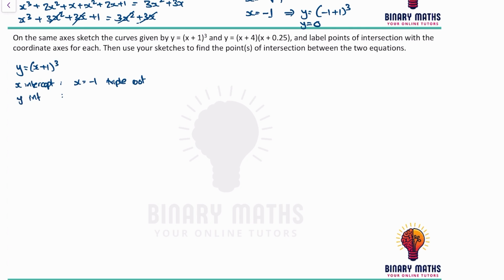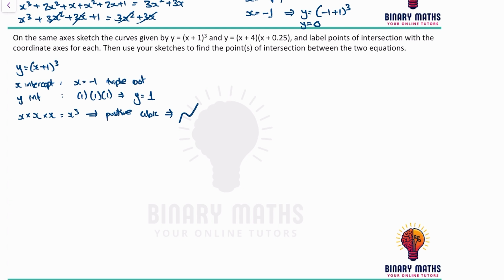The y-intercept is 1 times 1 times 1, which implies y is equal to 1. And when you multiply it out, you get x times x times x, which is x cubed, which implies it's a positive cubic, which implies it goes from quadrant 3 to 1.